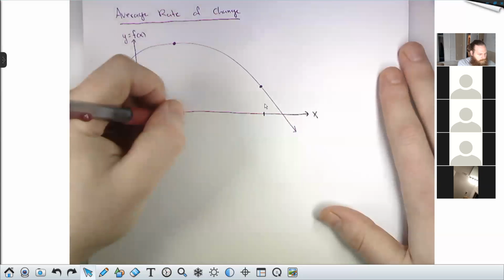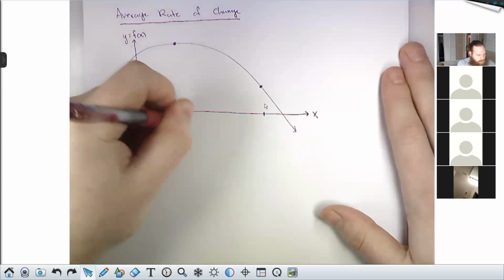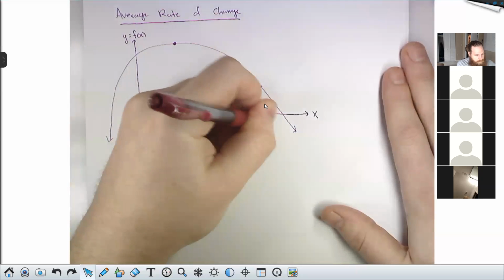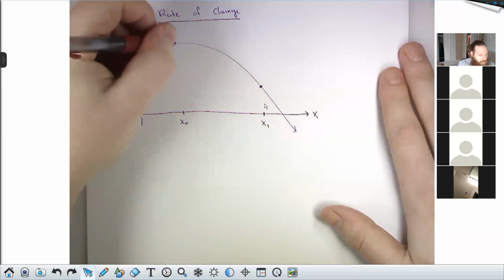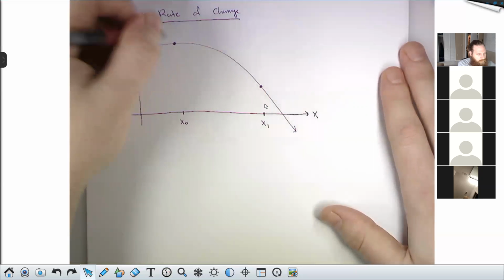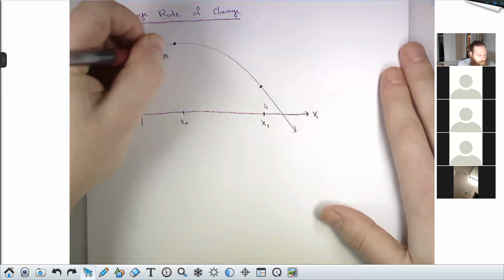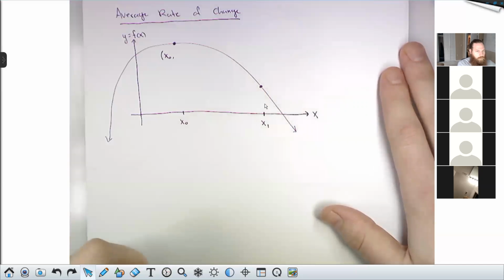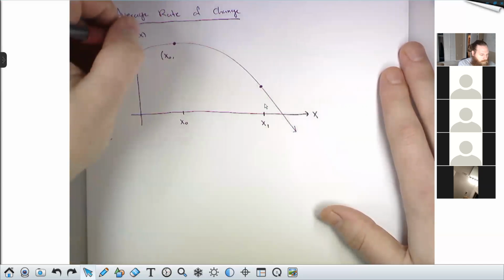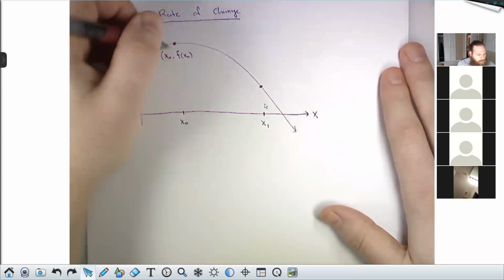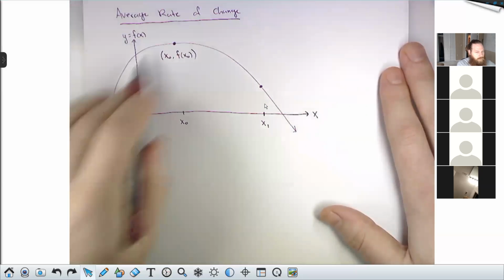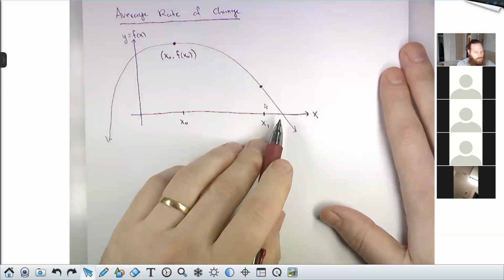And maybe I'll call this one x0, and I'll call this one x1. Then the point on the graph at x0, of course, has x coordinate x0, and the y coordinate there would be f of x0, because we're along the graph of f of x.